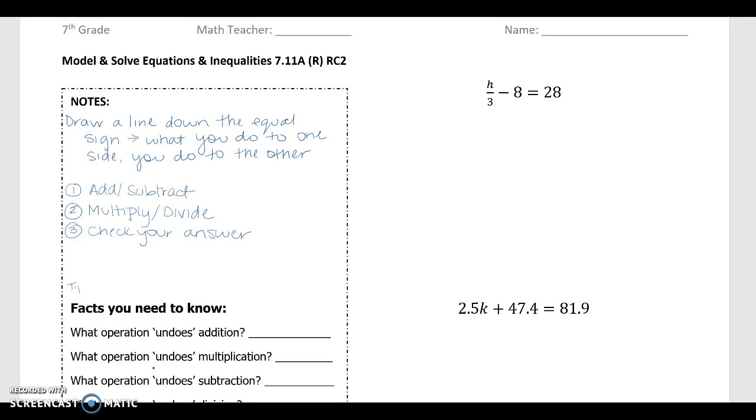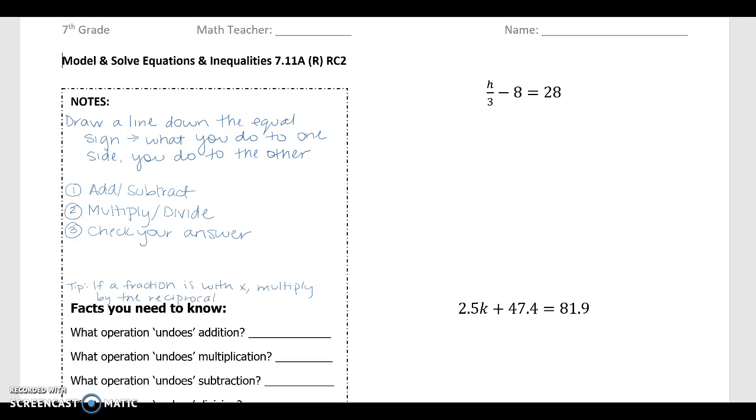And then a tip is that if a fraction is with x, multiply by the reciprocal.